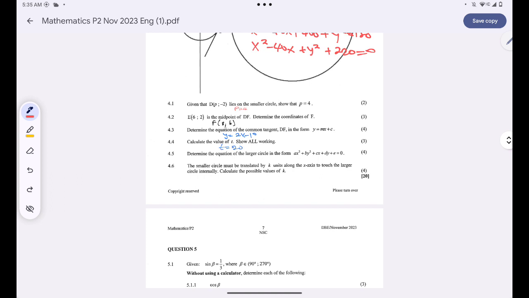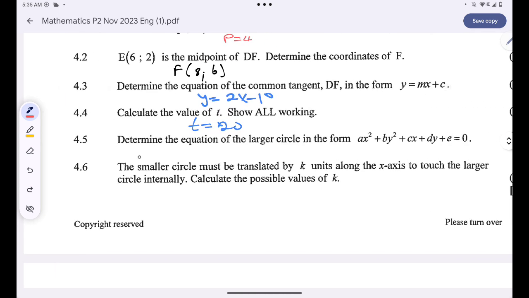So that's my equation in that form. X squared plus y squared minus 40x plus 220 is 0.